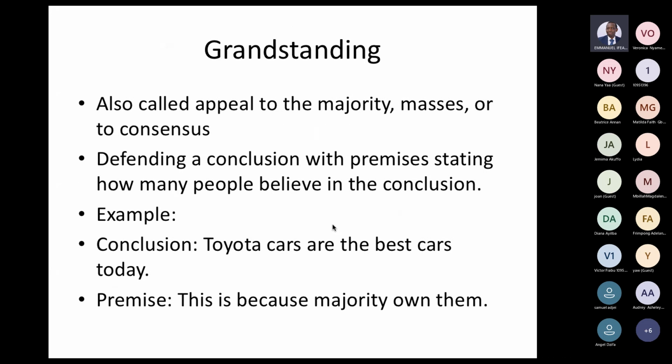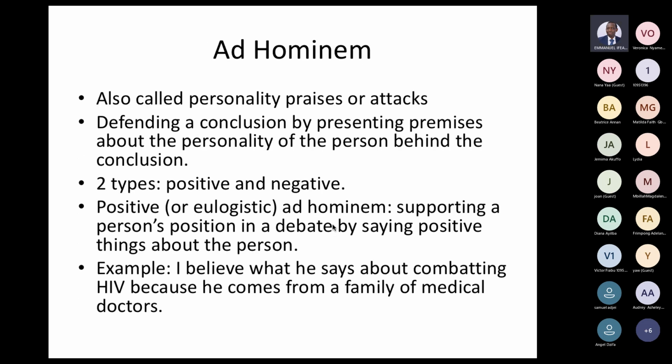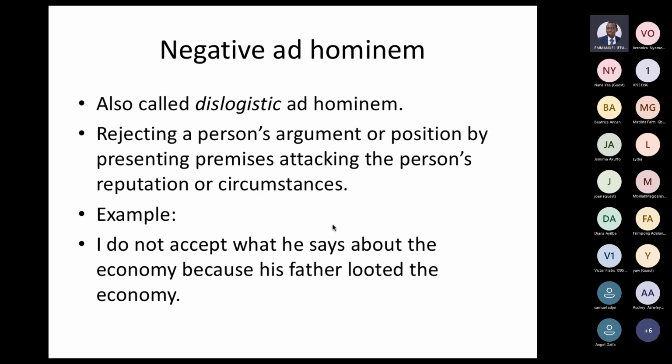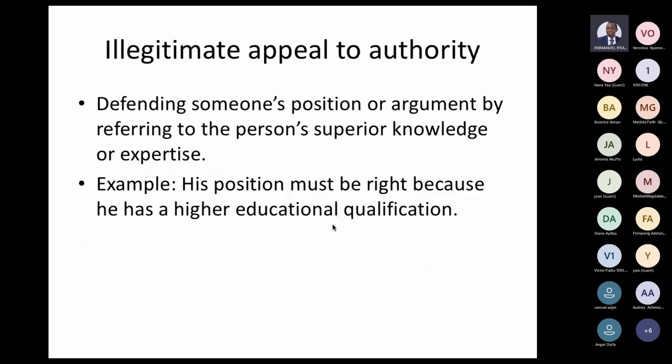Then grandstanding, appealing to majority, is an informal fallacy, saying that something is correct because the majority believe in it. Then ad hominem, attacking or praising people's personality instead of defending or rejecting their argument with reasons. Illegitimate appeal to authority is an informal fallacy.